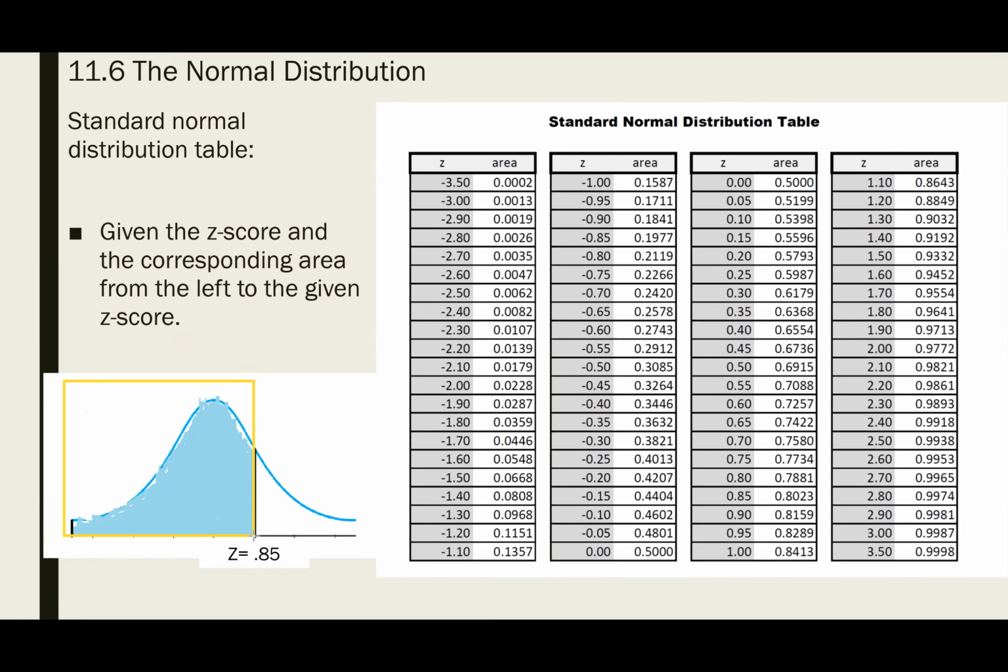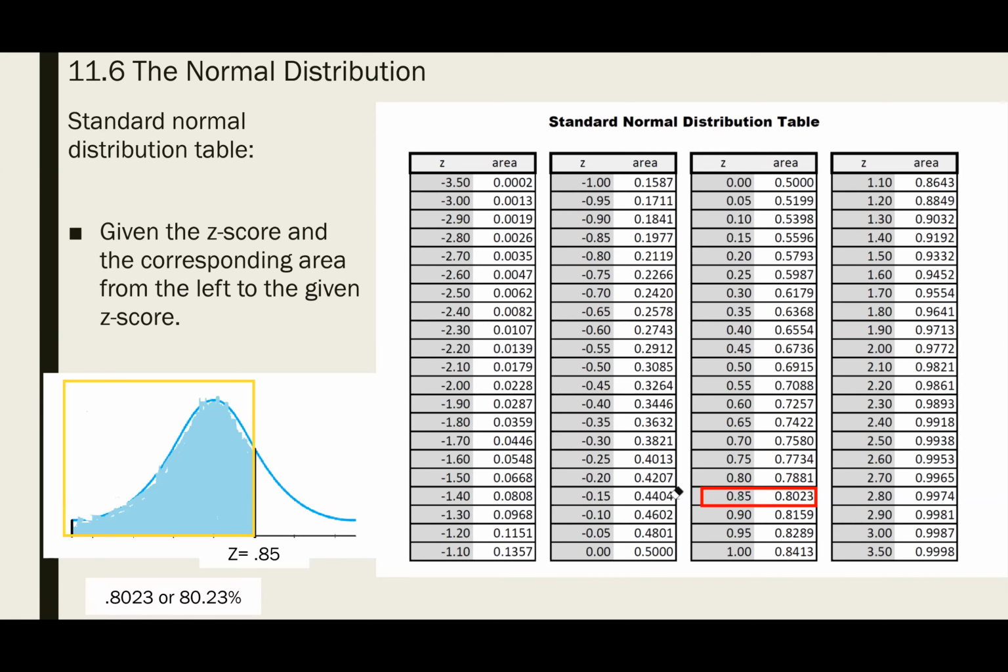Well, to find the area to the left, life is very easy. All you do is look for your z-score, in this case 0.85, and whatever area they give you is the area to the left of the z-score.